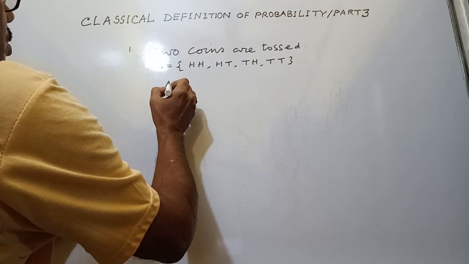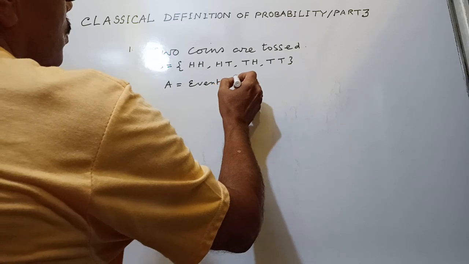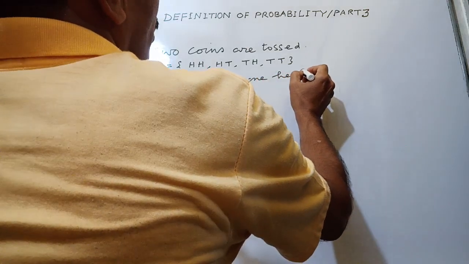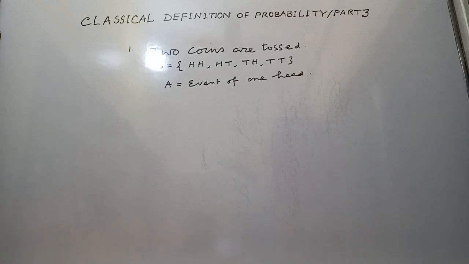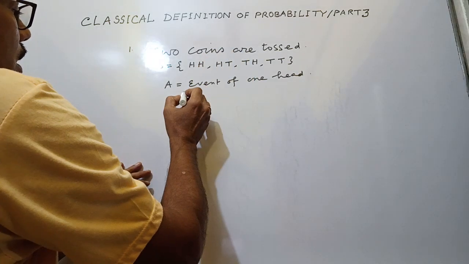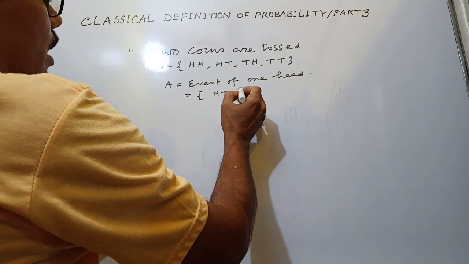Let A equal the event of one head. So it is a subset of the sample space. Now one head, you look, this is HT and TH.